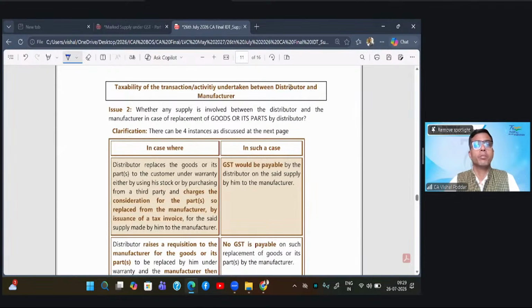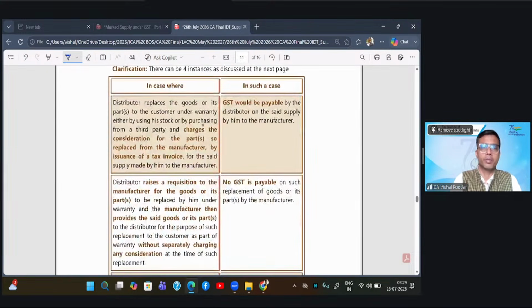What will be the possibility between the manufacturer and the dealer? So first possibility, dealer replaces the goods or the parts to the customer under the warranty either by using his own stock or by purchasing from a third party and charges consideration for the parts so replaced from the manufacturer. So what I have done, you have come for warranty to me. I have given you warranty free. This is not taxable. This is covered above.